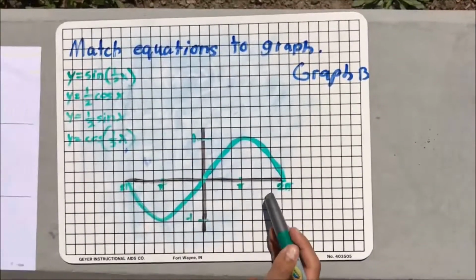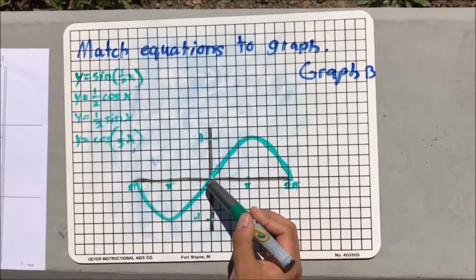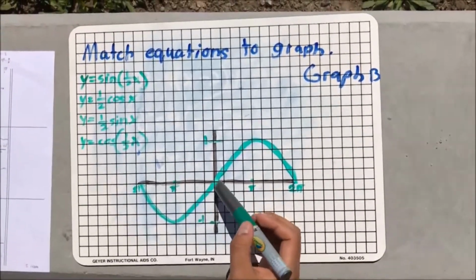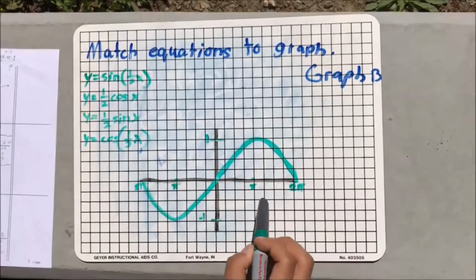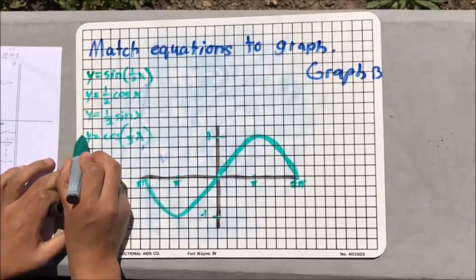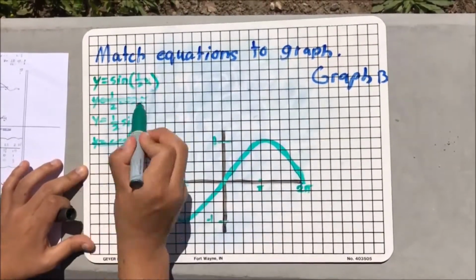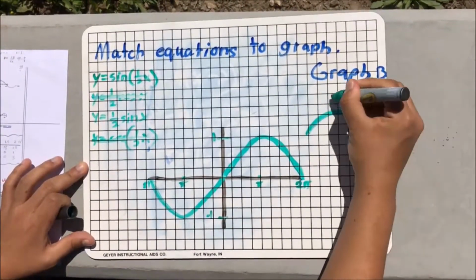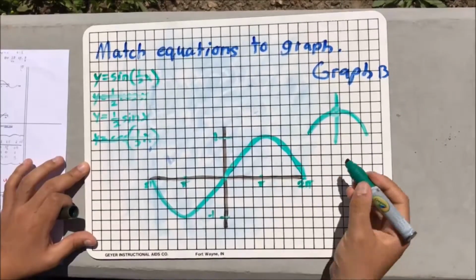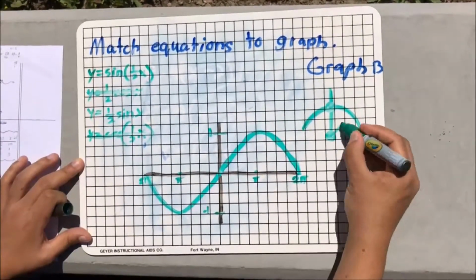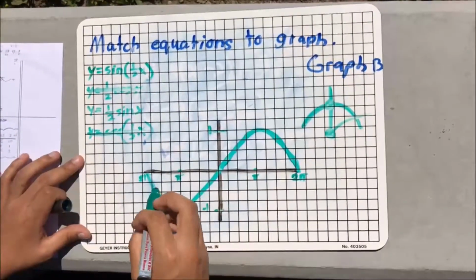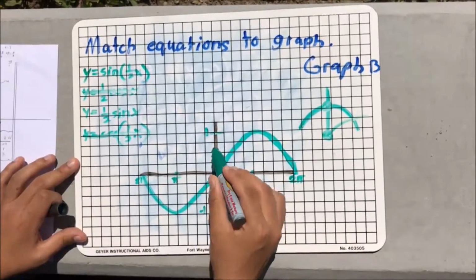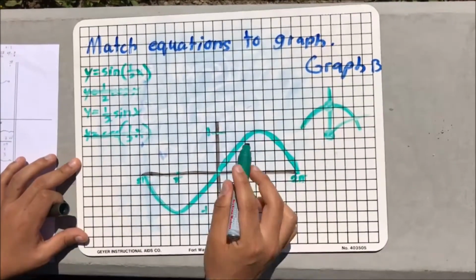By looking at this graph, we can see that it starts at the origin, so it's going to be sine. This will eliminate these choices of cosine, because cosines usually begin at 1 and not at the origin. From here on out, you can see that the amplitude goes all the way to 1.